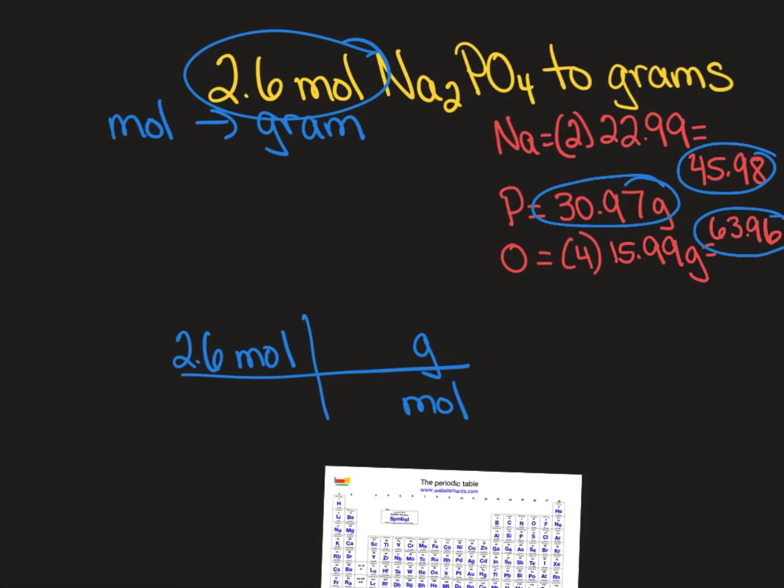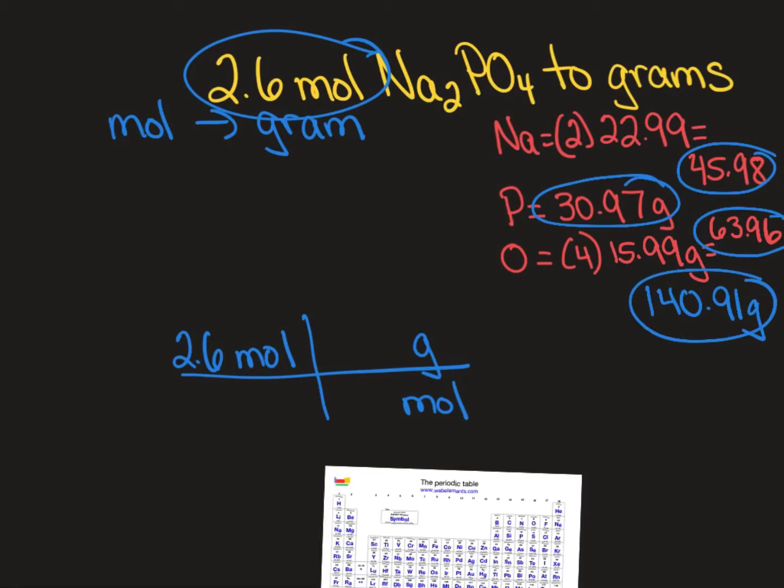So we're going to add all those together. 63.96 plus 30.97 plus 45.98, and you get a total molar mass of 140.91 grams.